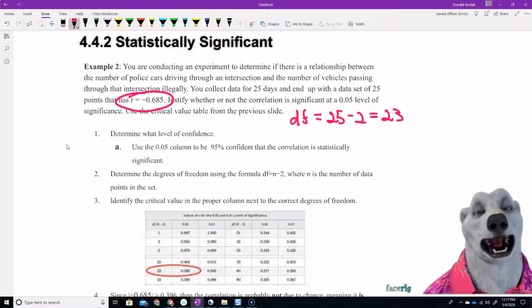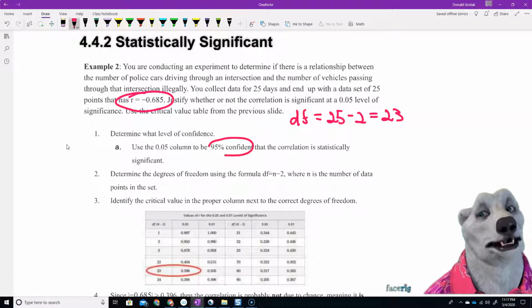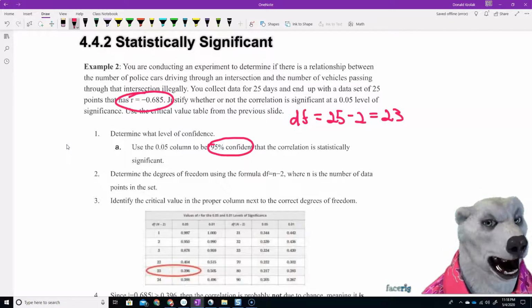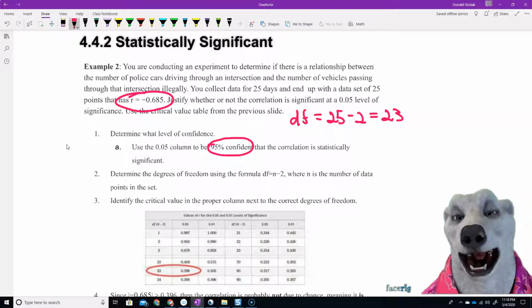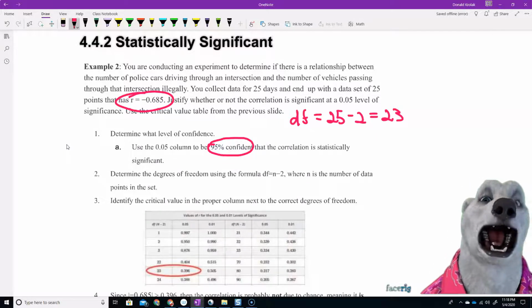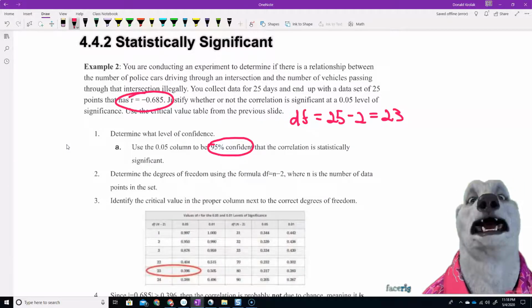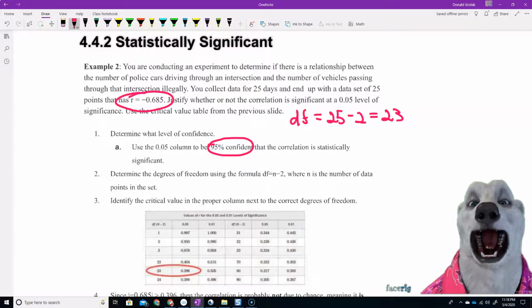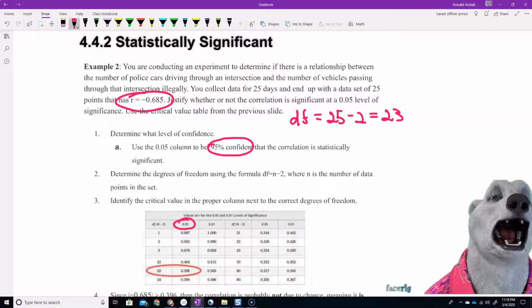Let's say that for the sake of our research, we've decided we want to be 95% confident that the correlation is statistically significant. That means it didn't happen by accident. It wasn't just a random occurrence. I'm 95% sure. All right, so here we go. Here's my 95% confidence column.